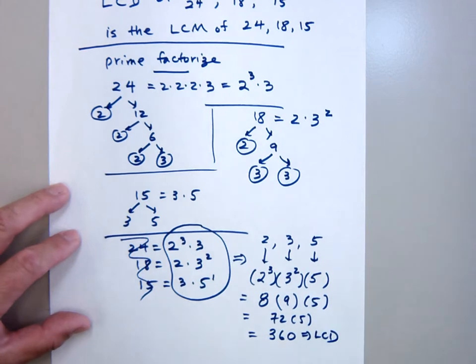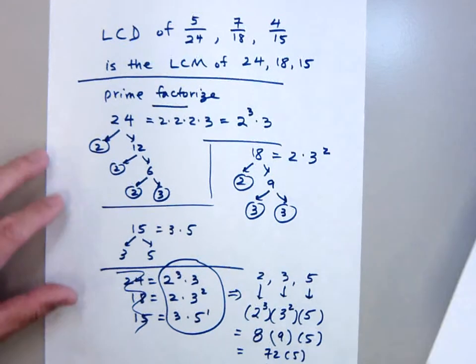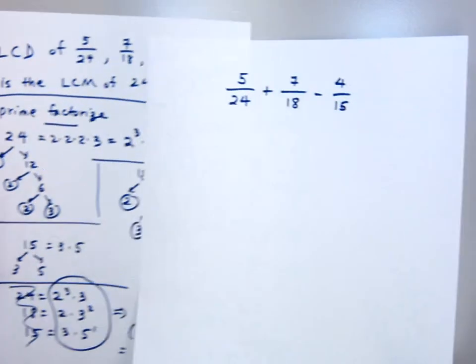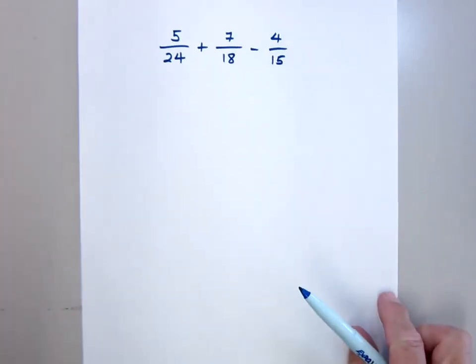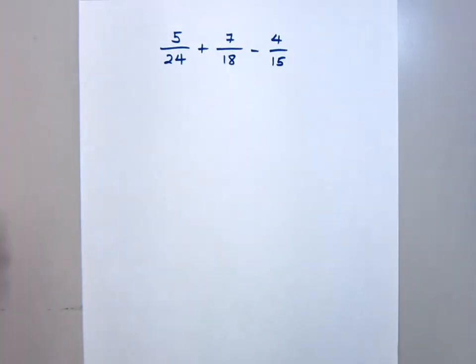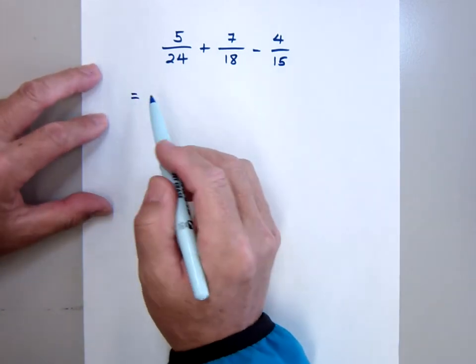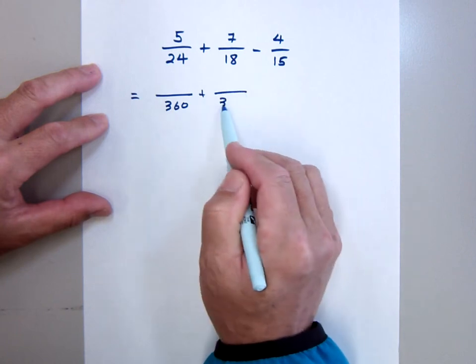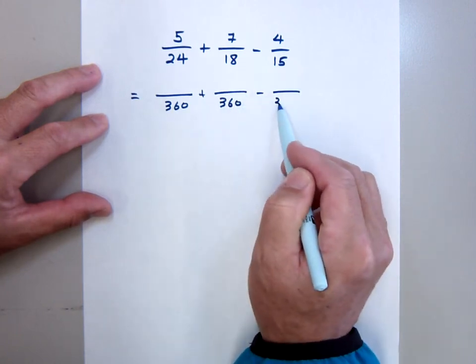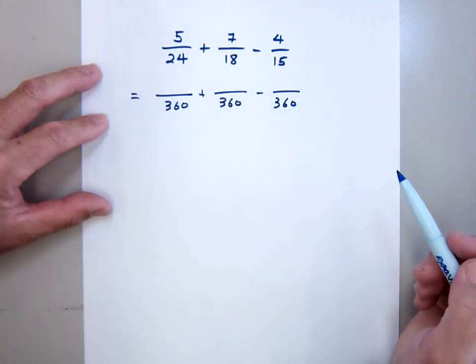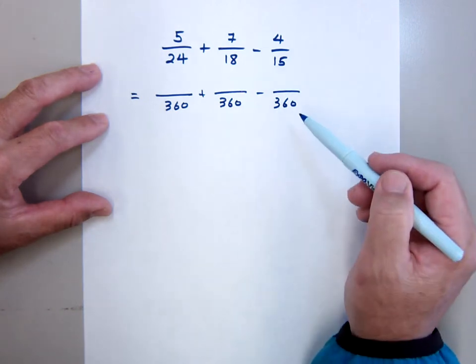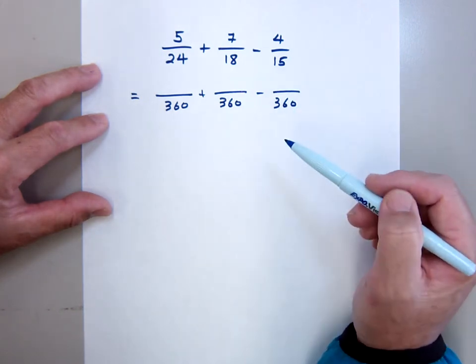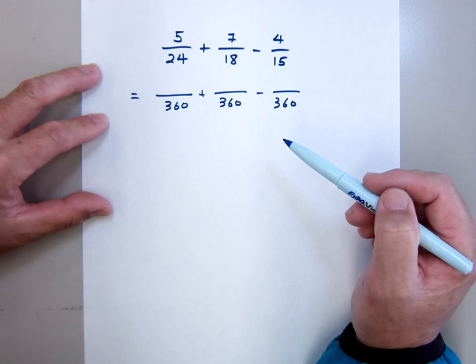Then back to our problem. Remember, our problem started out with adding and subtracting these three. Now what we just found is that 360 is our LCD. So we need to write each fraction as its equivalent fraction with this new denominator.